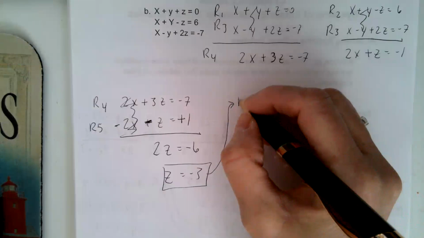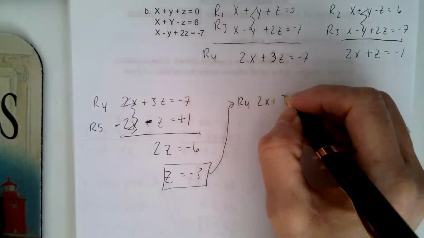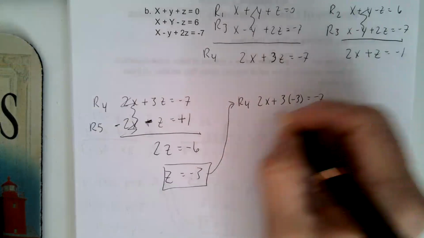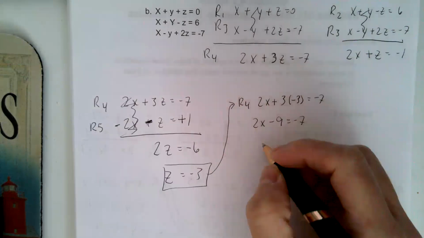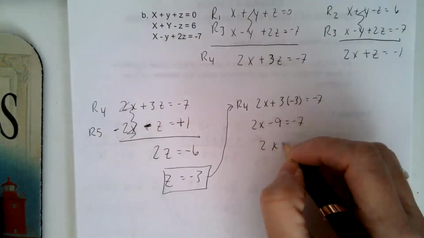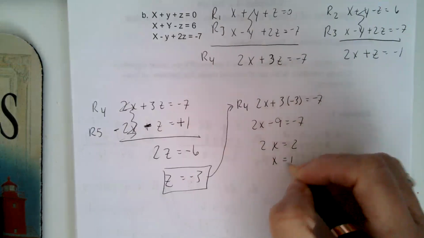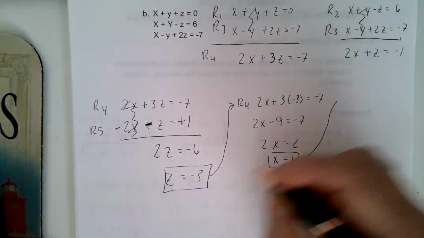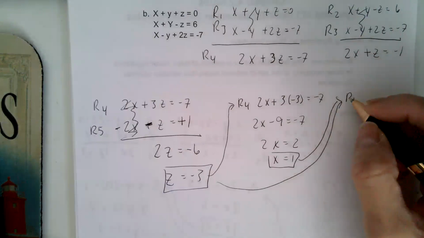I'm going to put that back into row 4. So 2x plus 3 times a negative 3 equals a negative 7. 2x minus 9 equals a negative 7. Adding 9, 2x equals 2, x equals 1. And then they're both going to go into row 1 to keep it easy.